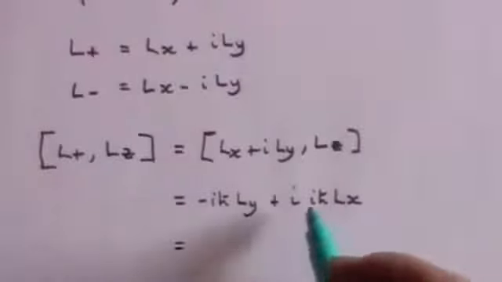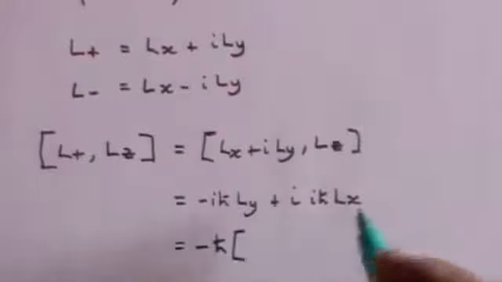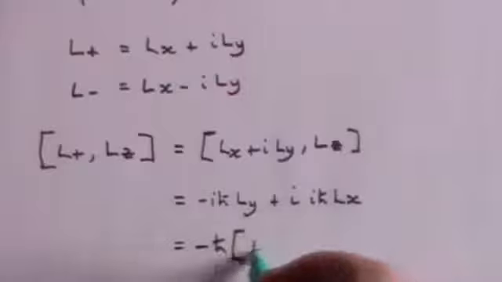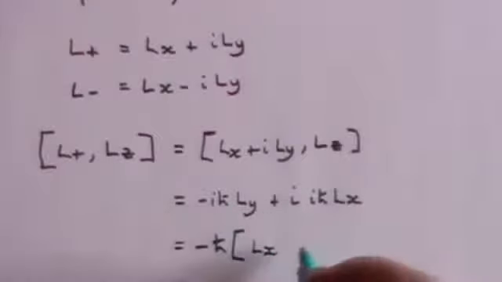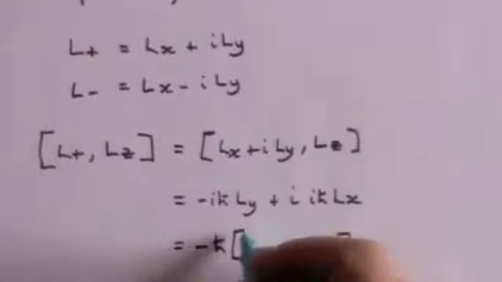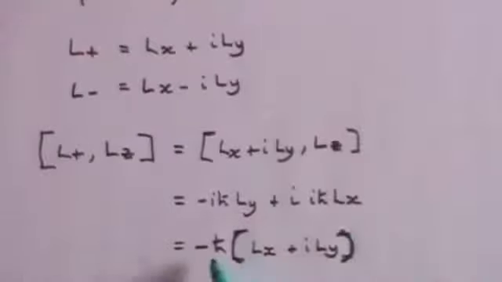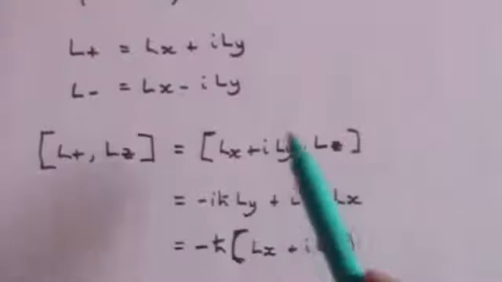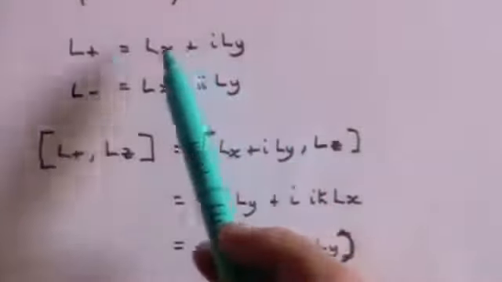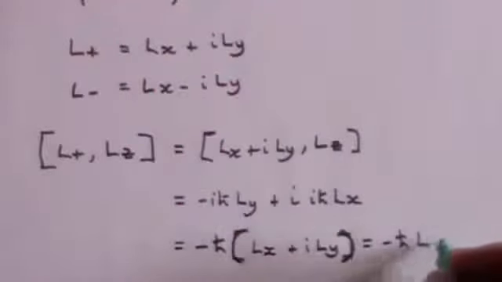So that means I've got two minuses. I can bring the minus and the ħ on the outside. From here I'm left with Lx, and from here I'm left with plus i Ly. Those should just be round brackets, not a commutator. So I've got minus ħ into (Lx plus i Ly), but Lx plus i Ly is L plus. So that equals minus ħ L plus.